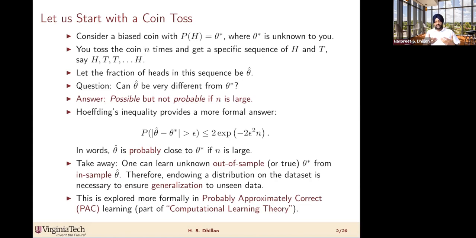So in order to ensure generalization, we are assuming that there is some distribution endowed to the data set. Now, one can start asking these types of questions and formalize this notion a lot more using the idea of probably approximately correct learning, which is part of computational learning theory. When I was preparing for this course, I thought I might also cover some part of it, but at the end of the day, I realized I just don't have sufficient time.